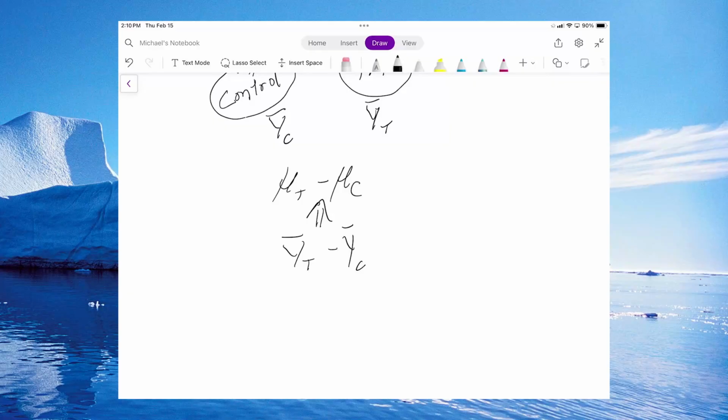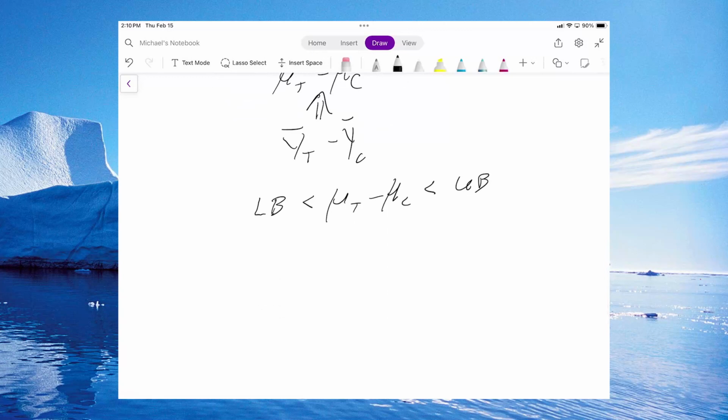So we could construct some confidence interval in which we have a lower bound, and then that will help bound our interval about mu treatment minus mu control, and then we have an upper bound. And so, for example, if we ended up with a confidence interval that looks something like this, this would tell us that the mean of the treatment minus mean of control is between 4 and 11.